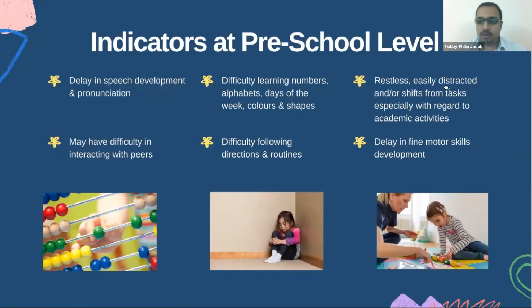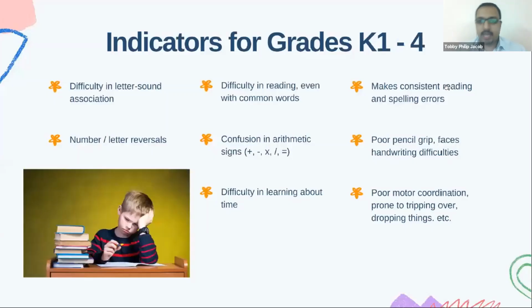Identification of color is also there, and fine motor skill issues, and likewise. Coming back to grade 1 and 2, the letter-sound association and number reversals are there. The major thing that we can notice is the number reversals and the pencil or fine motor things. So these are the ones that you have to keep into account.